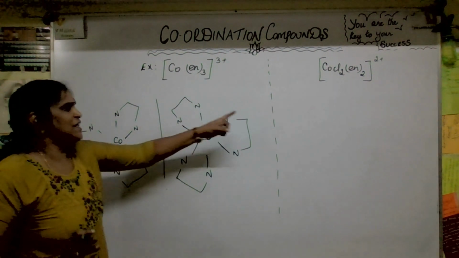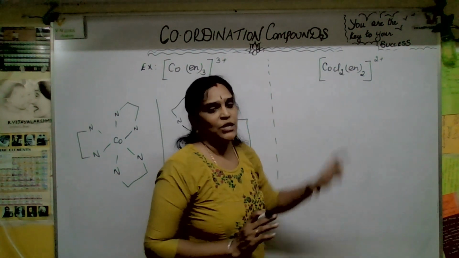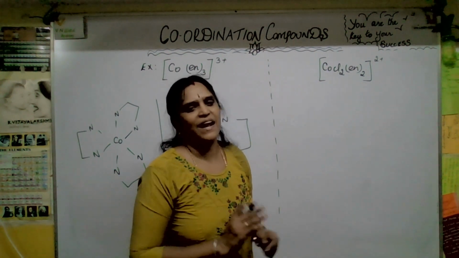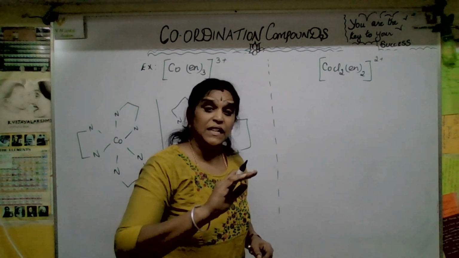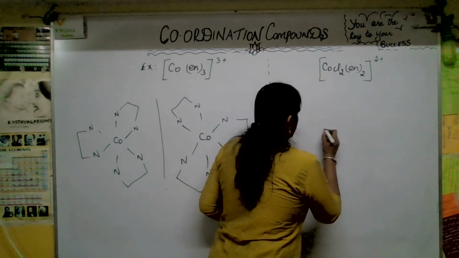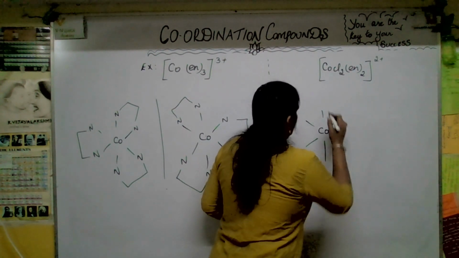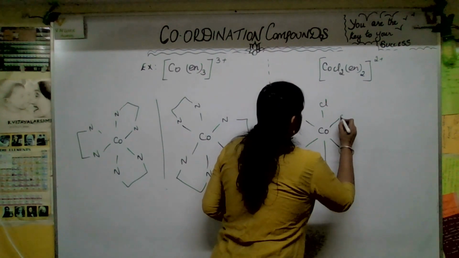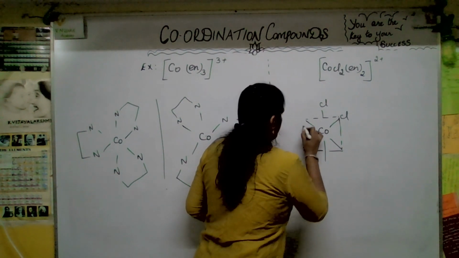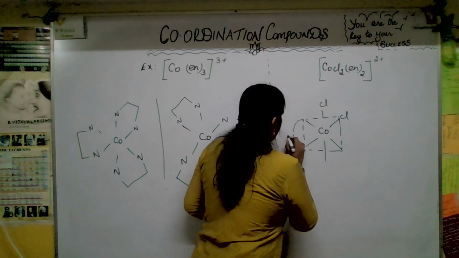Now one more example is given: [Co(Cl)2(en)2]. Even geometrical isomers cis and trans we have seen. In the trans we cannot identify, but cis we can go for it. Now Co in this. This is Cl and this is Cl. Now this is en, right?